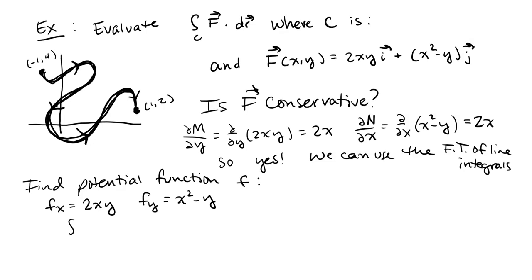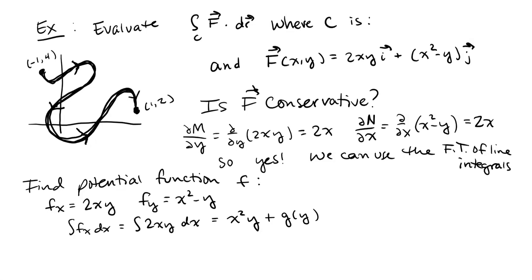So let's integrate f sub x dx, which is going to be the integral of 2xy dx. So we're really going to increase the power on x, which will go to x squared, and divide by that power, so we'll end up with x squared y, and then plus some function of y.